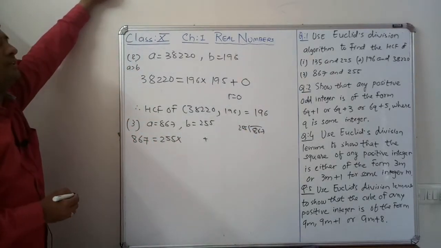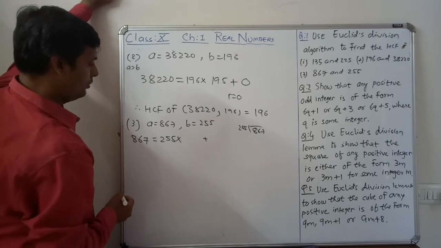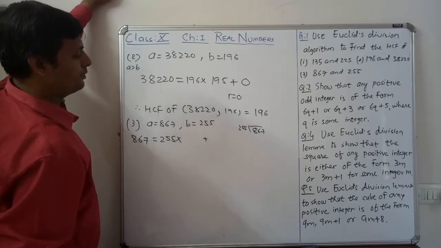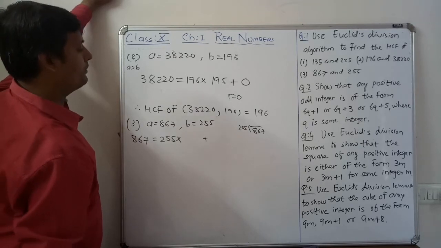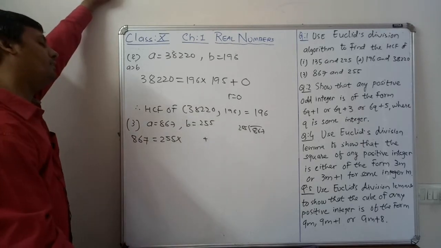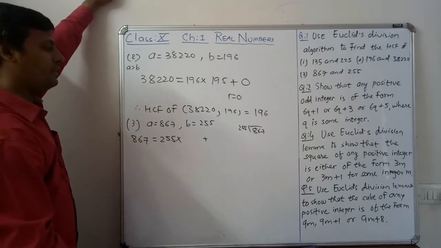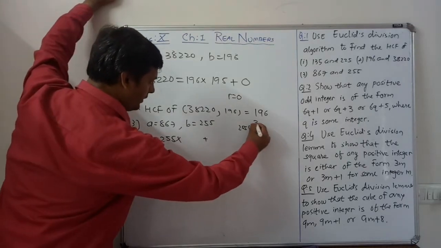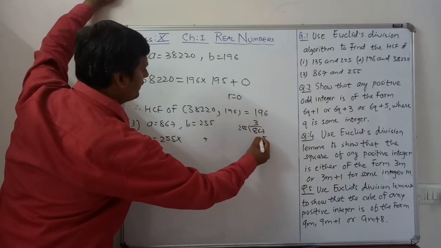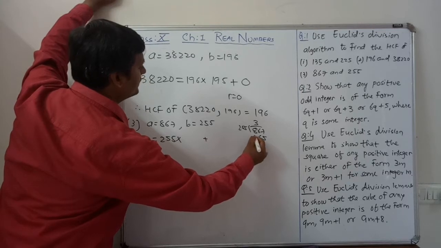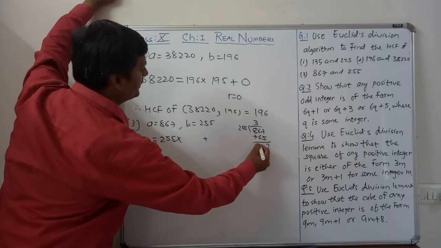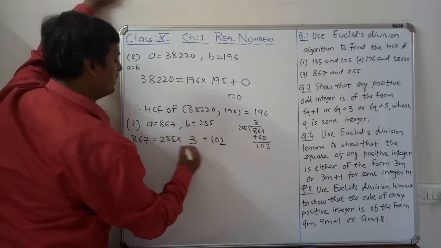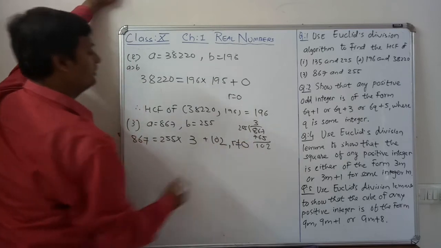The nearest is 3 that you get here, right? 3 fives are 15, 1 carry forward, 5 and 16, 1 carry forward, 6 and 7. So here 0 and here 102. So 102 is the remainder and the quotient is 3, where R does not equal 0.